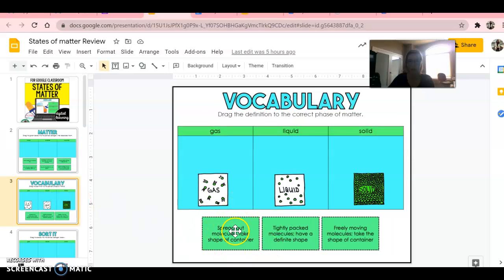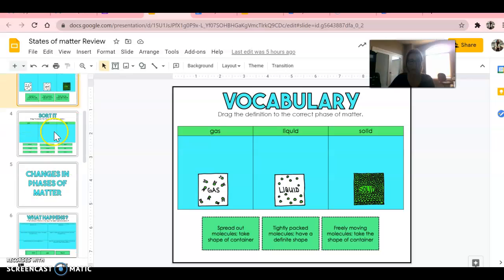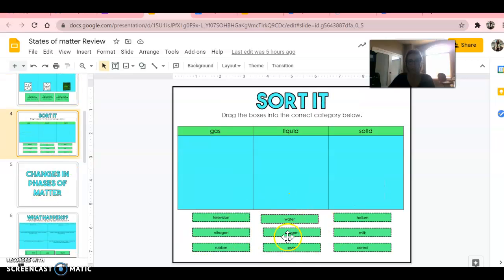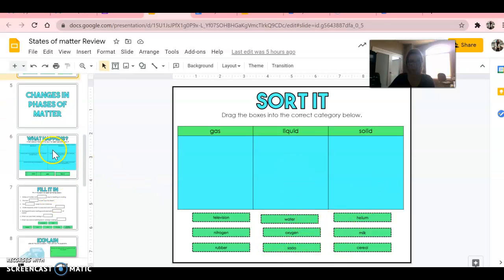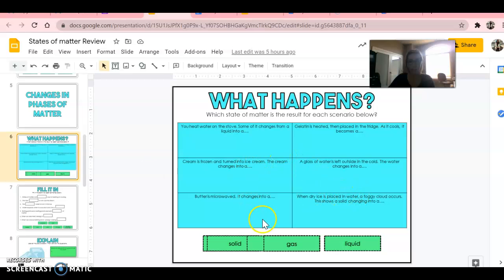Same thing with this slide, spread out molecules, takes shape of a container. Well, which state of matter applies to this description? You'll drag and drop those into the correct spot. Same thing here, you're sorting what state of matter is each of these substances in. Then we're taking a look at changes in states of matter.